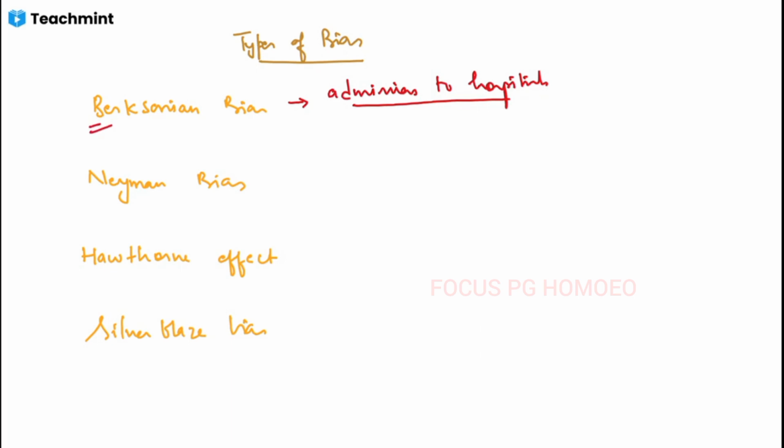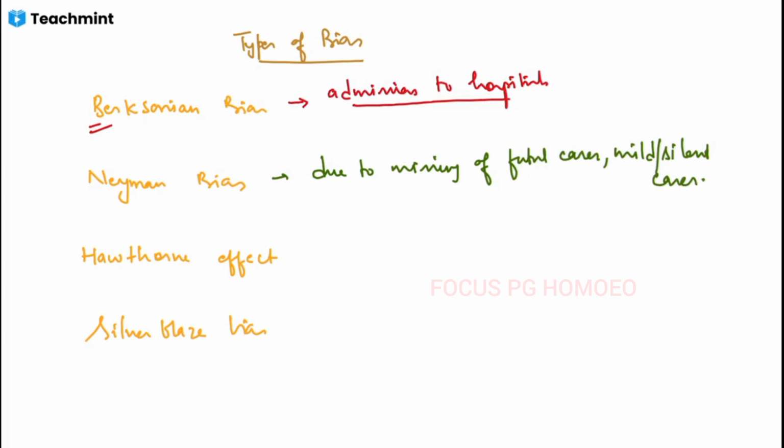Then we have Neyman bias. What is Neyman bias? It is the bias due to missing of fatal cases, or mild or silent cases. Basically, due to missing of cases.